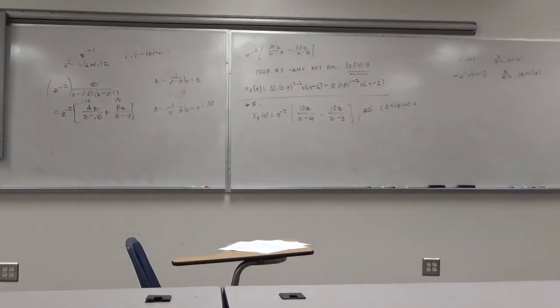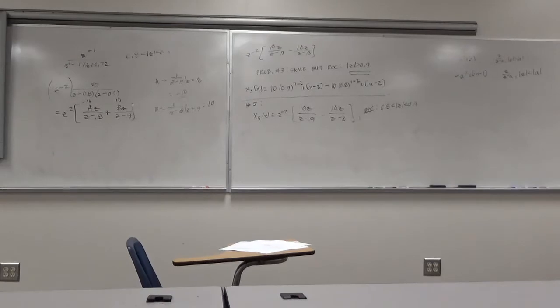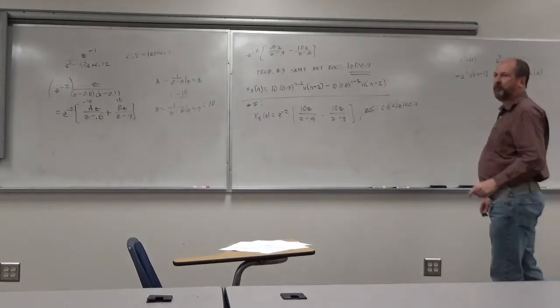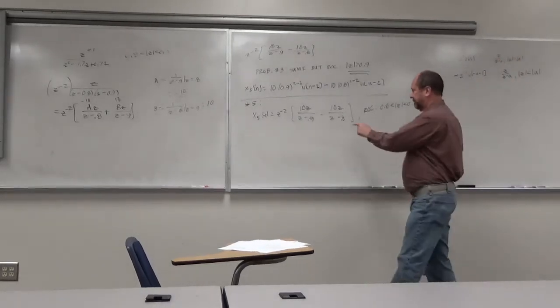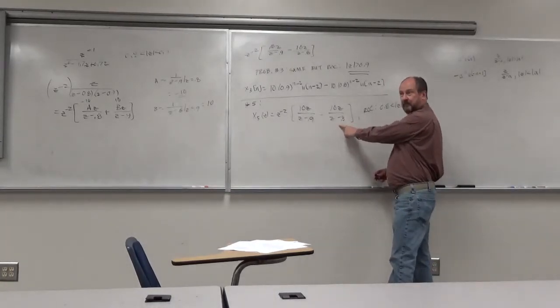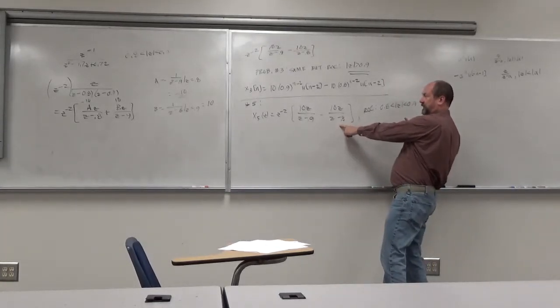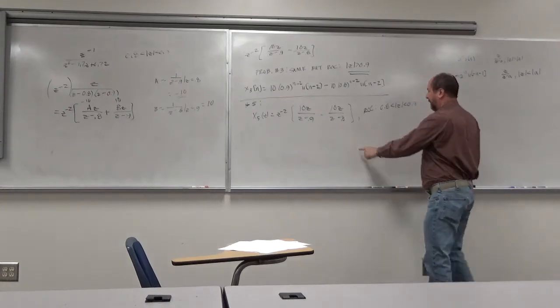Okay, look at those two terms. And by the way, that z to the minus 2 out front works the same way it did before. Look at those two terms. And when I point to a term, I want you to tell me whether the ROC is inside or outside. Where's the ROC? 0.8.